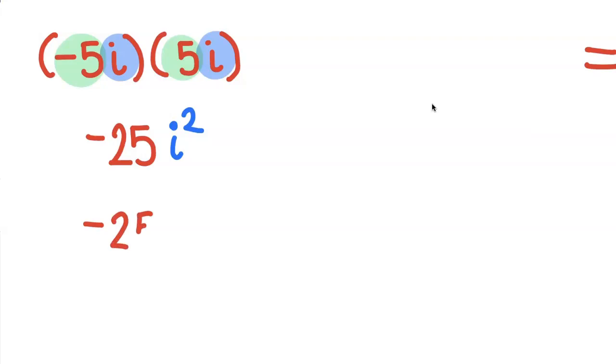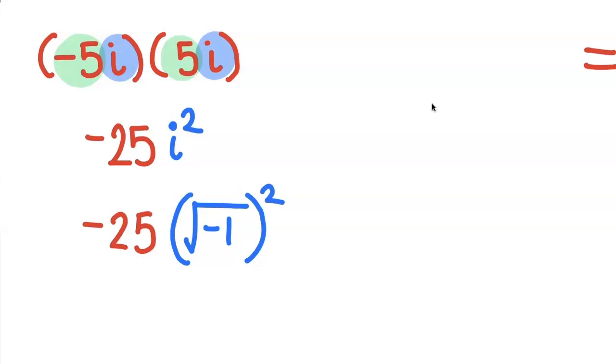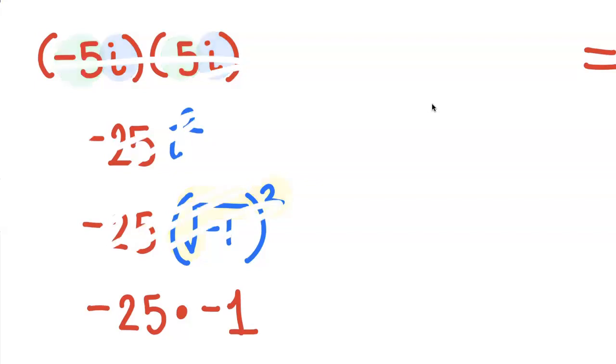Now guys, i is square root of -1. So what we are doing is we're squaring square root of -1. So what happened to this square root and this exponent of 2? They cancel right out. So what you end up having is -25 times -1. And that's why when you do negative times negative, that will turn into +25.